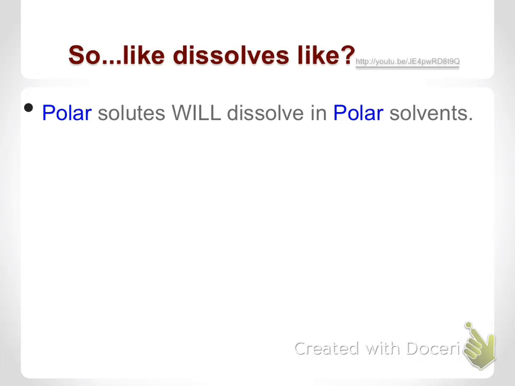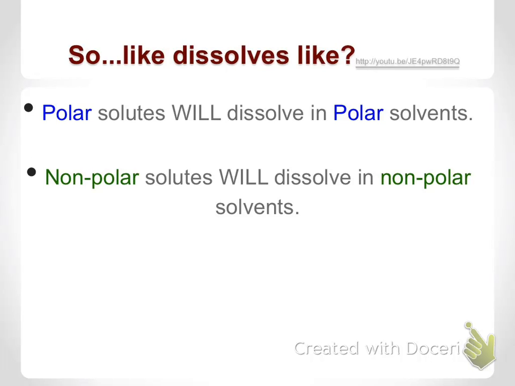The like dissolves like rule applies to polarity. So if you have a polar solute, that is going to dissolve in a polar solvent. Similarly, if you have a nonpolar solute, that's going to dissolve in a nonpolar solvent.